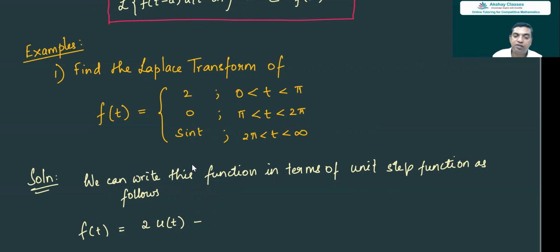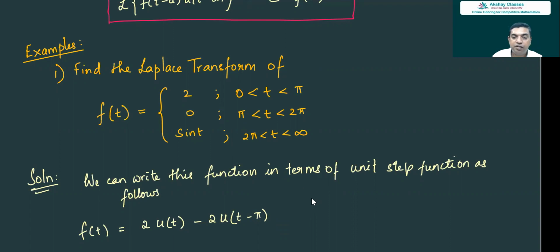Now we have to get 0. So what you do, 2 into u of t minus pi, till t is less than pi. This is 0. So you get only 2 times u of t. u of t is 1. So this is what we get.